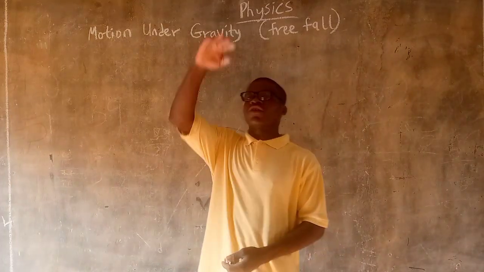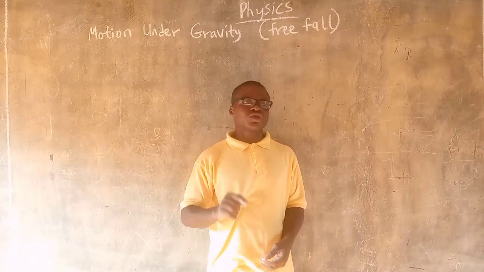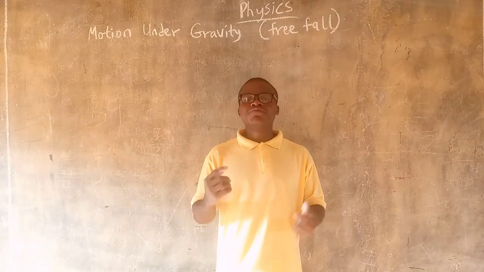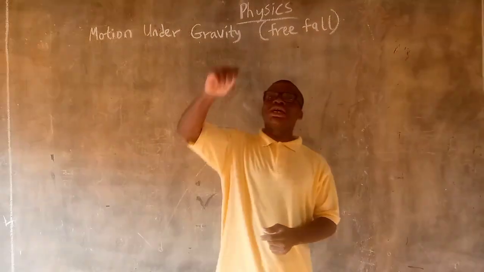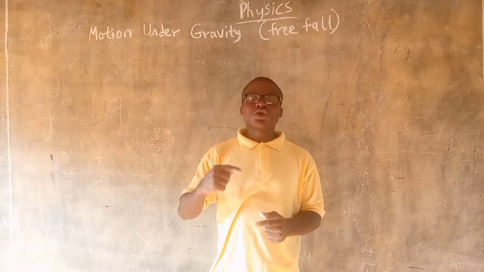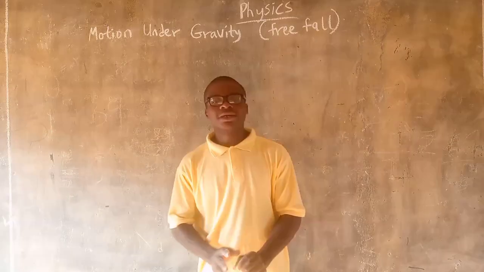Also, an object falling from a height experiences gravitational force, but the gravitational force tends to increase the motion and the speed of that object. That is why any object that is falling from a height, the speed of that object continues increasing until the object falls to the ground.